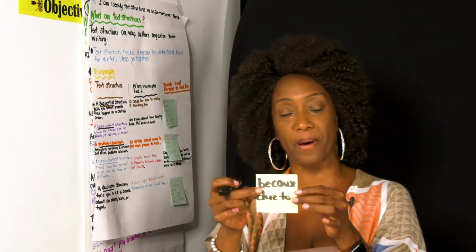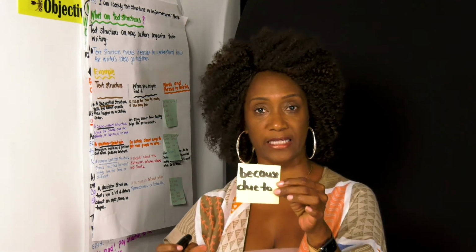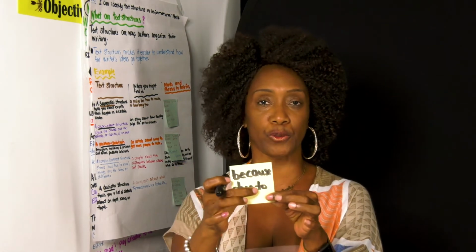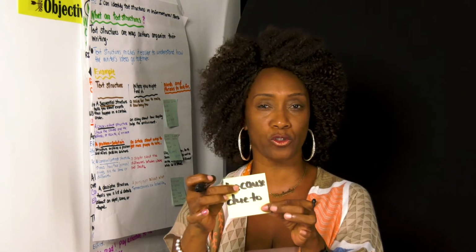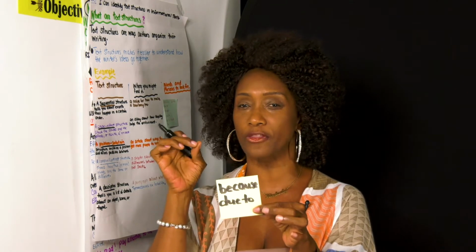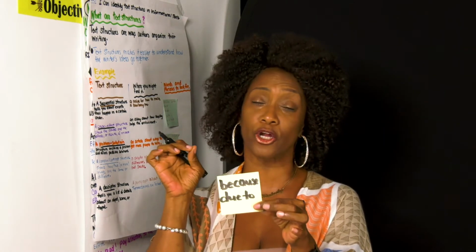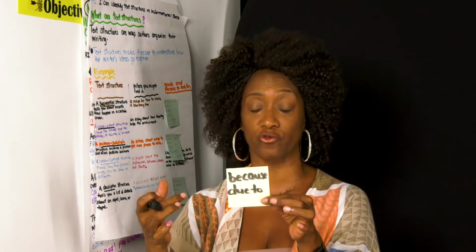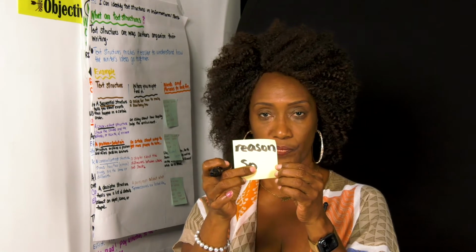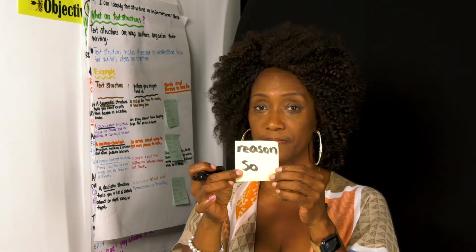So let's go over these words again. Some of our buzzwords for identifying cause and effect text structures are because, due to. So when you see these words being used, you most likely will be able to identify that it's cause and effect. The author decided to build his or her writing with a cause and effect text structure. Reason and so. Did everybody get those? Great listening, boys and girls.